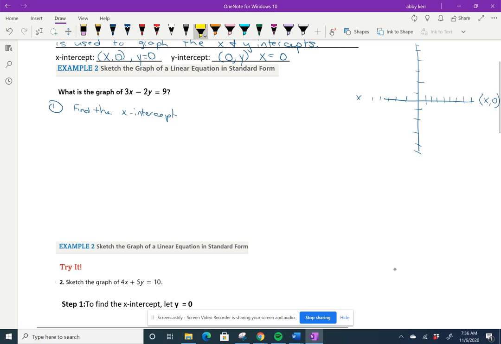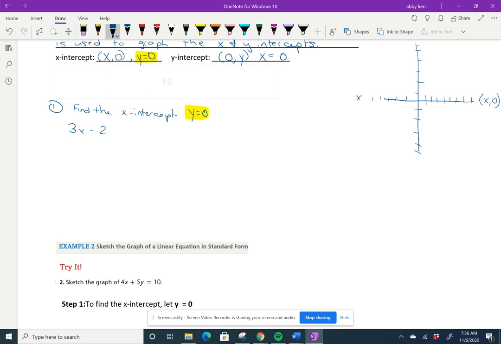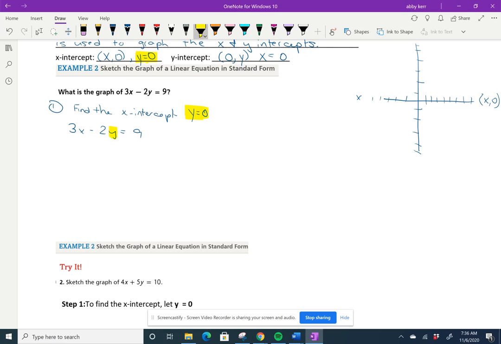Now, if you look at the notes above, it says y is going to be 0. So we are going to substitute in 0 for y. So we have this equation, 3x minus 2y equals 9, and we are going to put that 0 in for y.